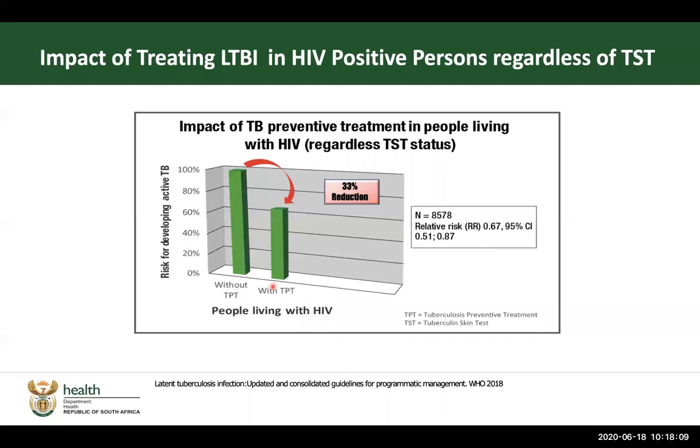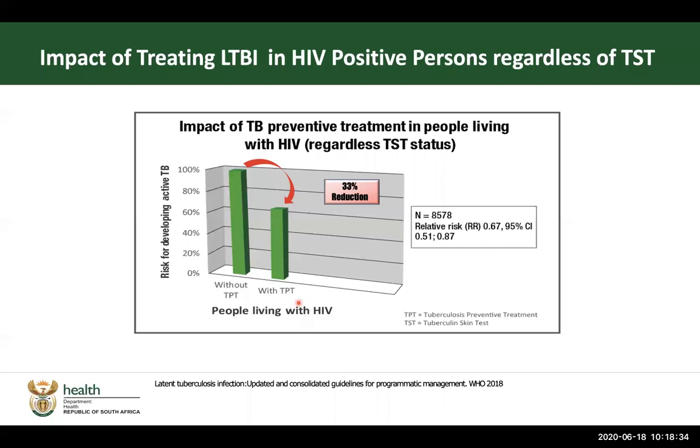However, we no longer need to do a tuberculin skin test in terms of assessing eligibility, because we know that irrespective of your skin test results, there is still great benefit from giving high-risk populations, like people living with HIV and AIDS, TB preventative therapy.